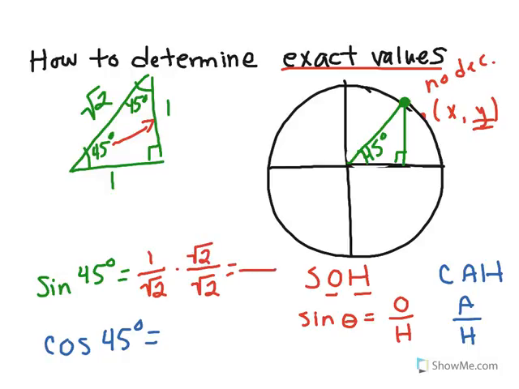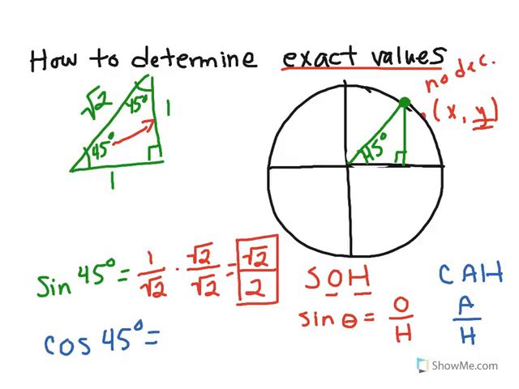By multiplying fractions, we do the numerators together. So 1 times the square root of 2 is the square root of 2. And the square root of 2 times itself is just going to be 2. So that is what I am looking for, and that is my exact value for the sine of 45 degrees.